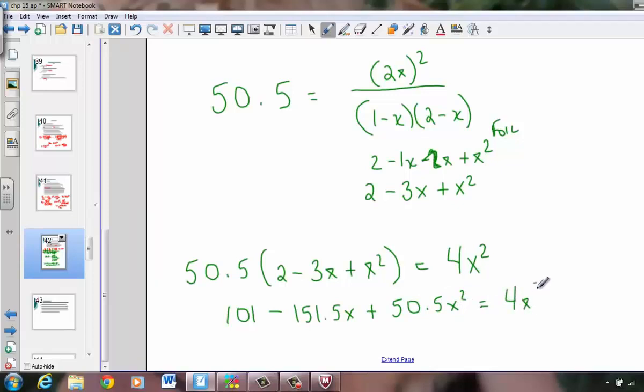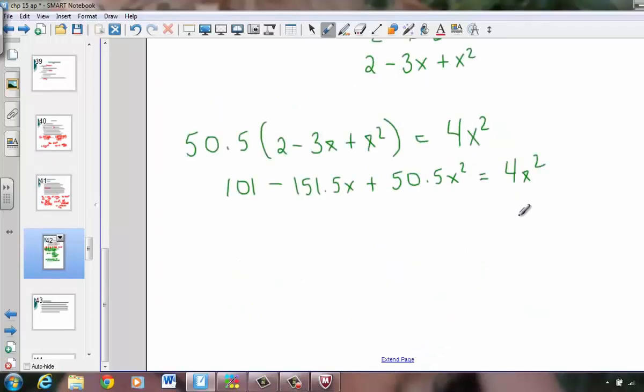equals 4x squared. Now we're trying to bring the like terms and set equal to 0, so we have a quadratic equation. We can have a value of a and a value of b and a value of c to plug into our quadratic equation formula. So we have to bring the 4x squared to this side. So I'm going to subtract 50.5 minus 4, and we get 46.5. So let me rewrite: 101 minus 151.5x plus 46.5x squared equals 0.